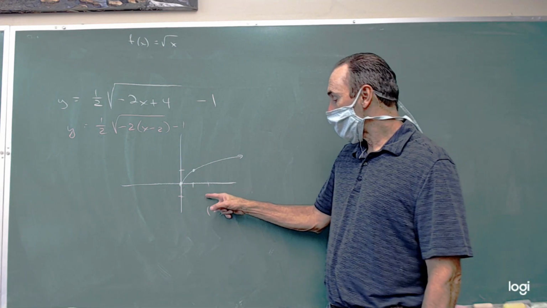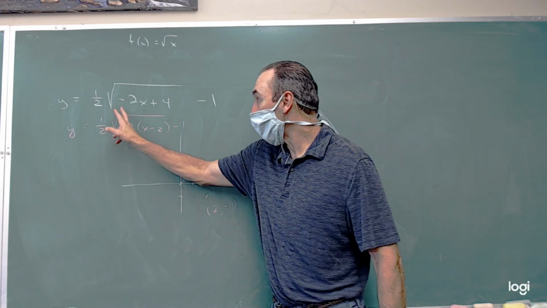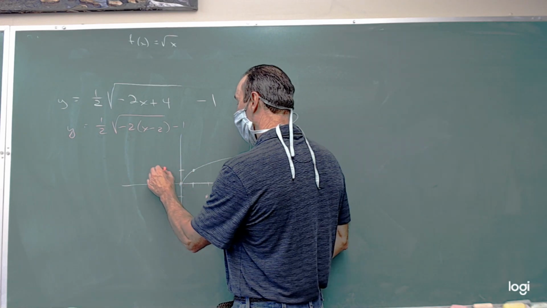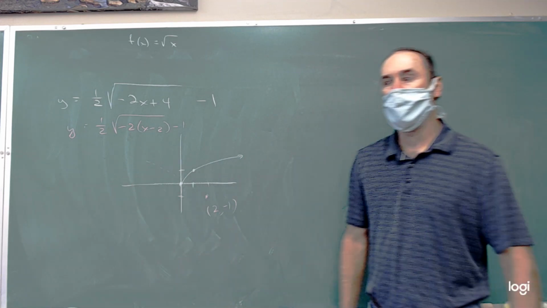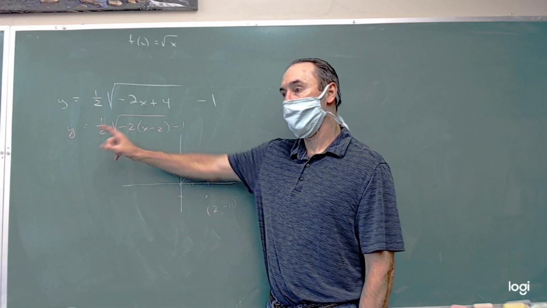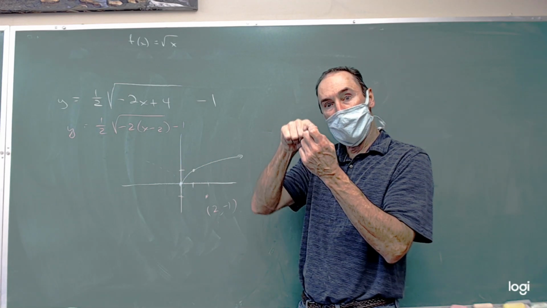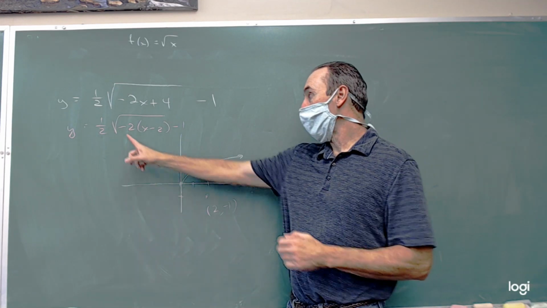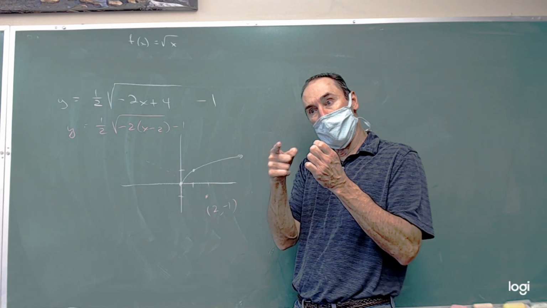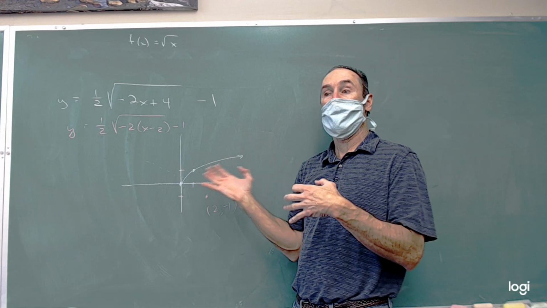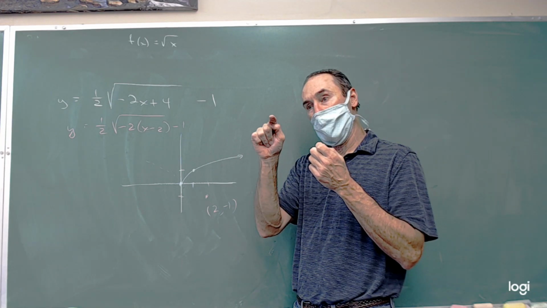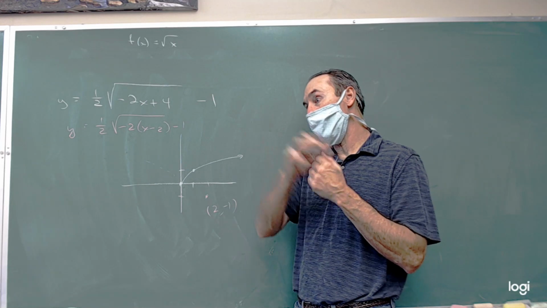Now, since we've reflected in the y, this is going to be going up and to the left if we want to think of it as starting from 0, 0. Because of the vertical shrink, instead of going up 1, we're going to go up 1/2. Because of the horizontal shrink, instead of going over 1, we're going to go over 1/2. And because this is not linear, going up 1/2 and over 1/2 is not the same as going up 1 and over 1.